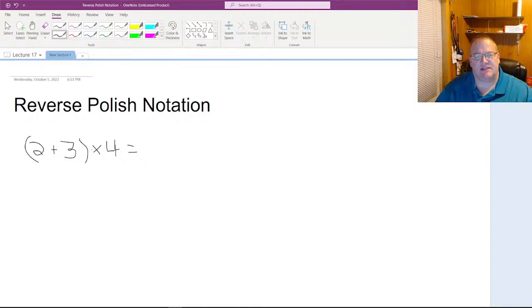You and I can figure this out, right? My guess is this is pretty simple. 2 plus 3 is 5, and then we multiply it by 4, that's equal to 20. We don't need to do a lot of work for that. We can just quickly do that in our heads, probably.